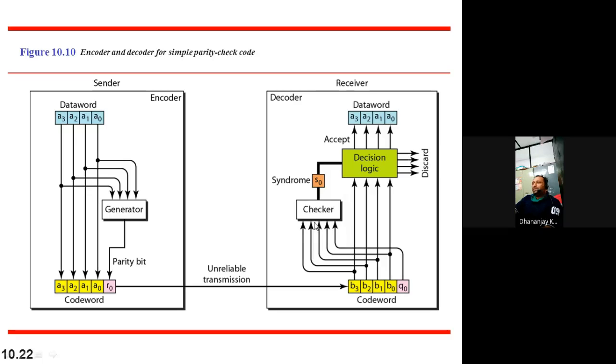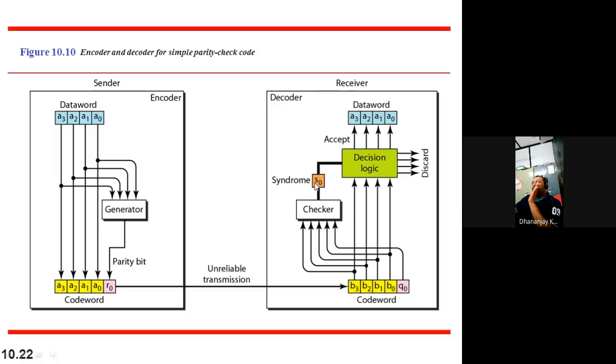This checker circuit will have 5 input bits, and it will process the 4 bits and check for parity, doing the same operation that is done at the generator, and if the result matches with the Q0 value, only then the syndrome will be cleared as 1 or 0.